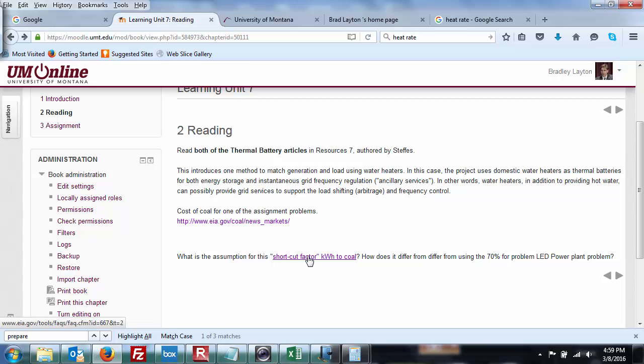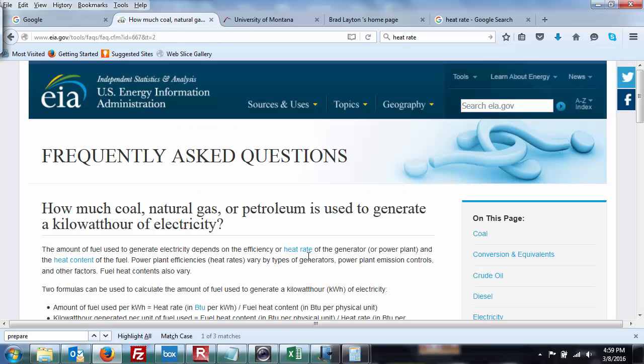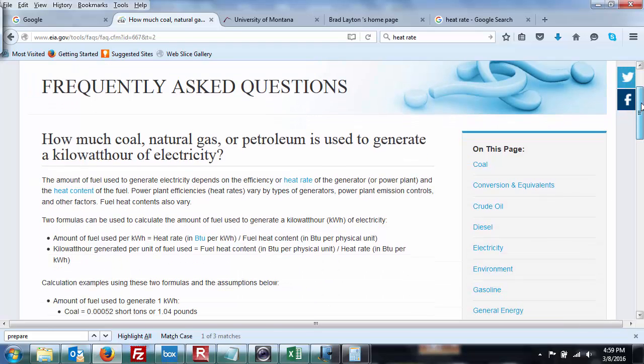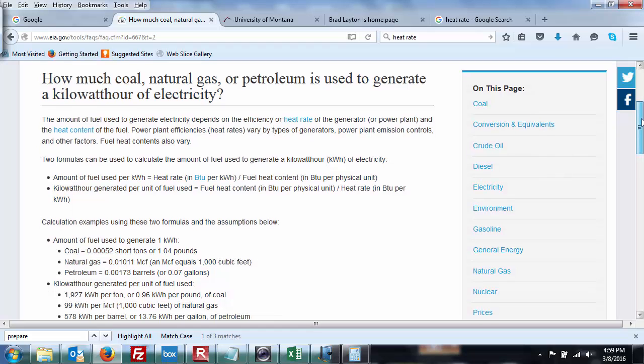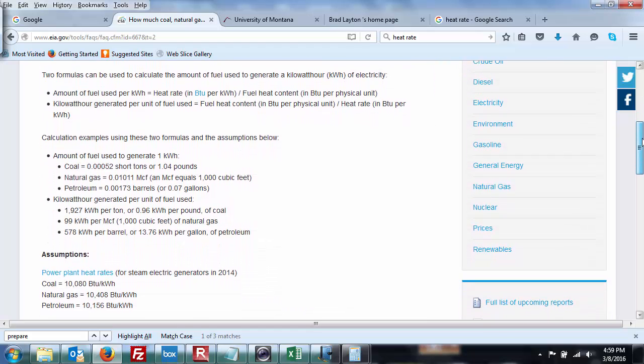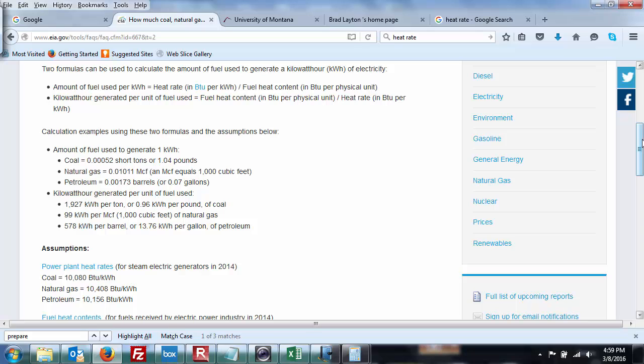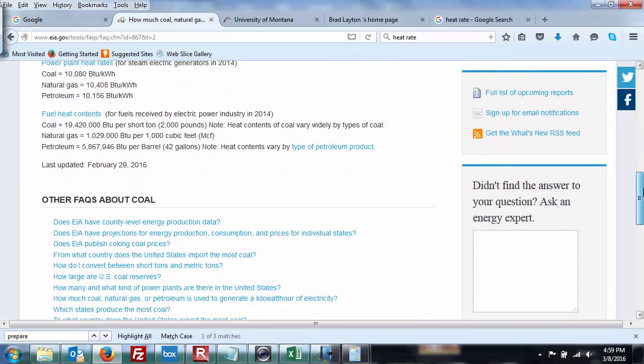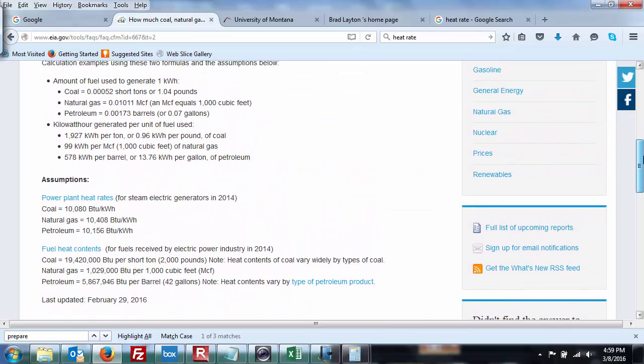What was the LED problem? That's number 2. Let's see what the shortcut answer is. I'm not sure what shortcut he's talking about. I was a little confused on what he was getting at there.